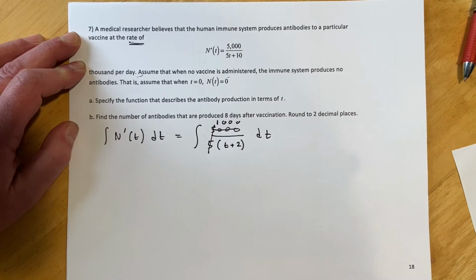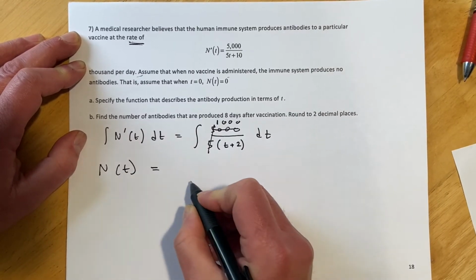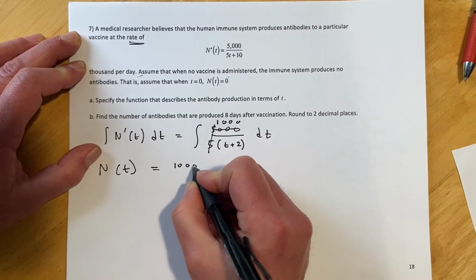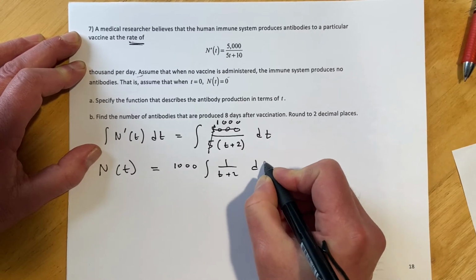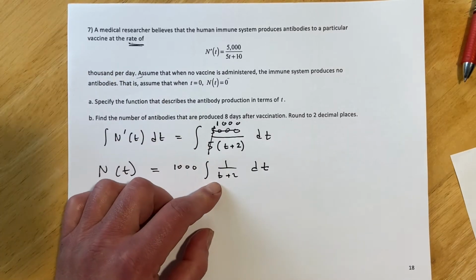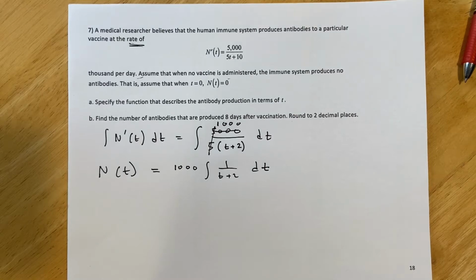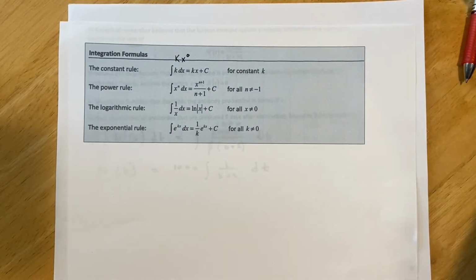So it just gets kind of a common factor out of the way. So here we'll have n of t equals, I can bring the 1,000 out front. And so then this is a 1 over situation. So remember with our 1 overs, that is going to be our natural log.